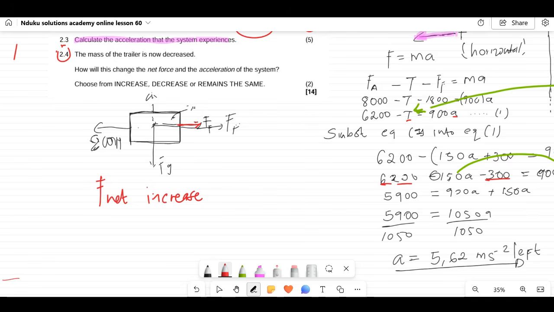And then we said by definition, acceleration is directly proportional to the net force. So if the F net has increased, it means our acceleration will increase. So our answer will just be increase.